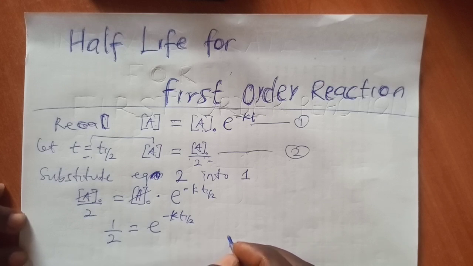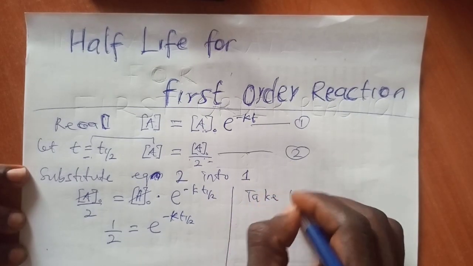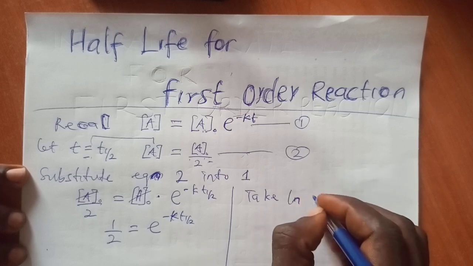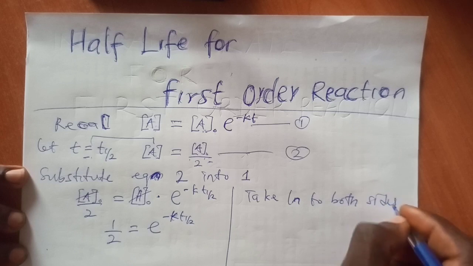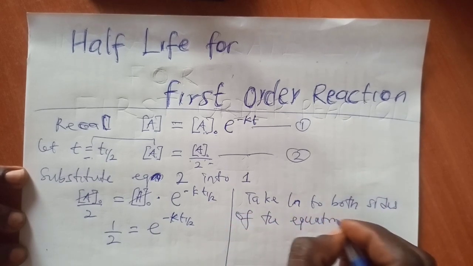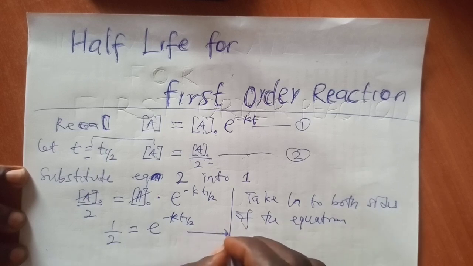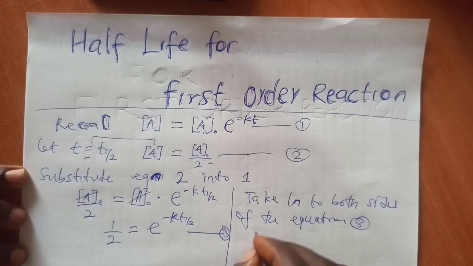So if you take ln to both sides of the equation, let me call that equation 3, you are going to be having ln 1 over 2 is equal to what now?